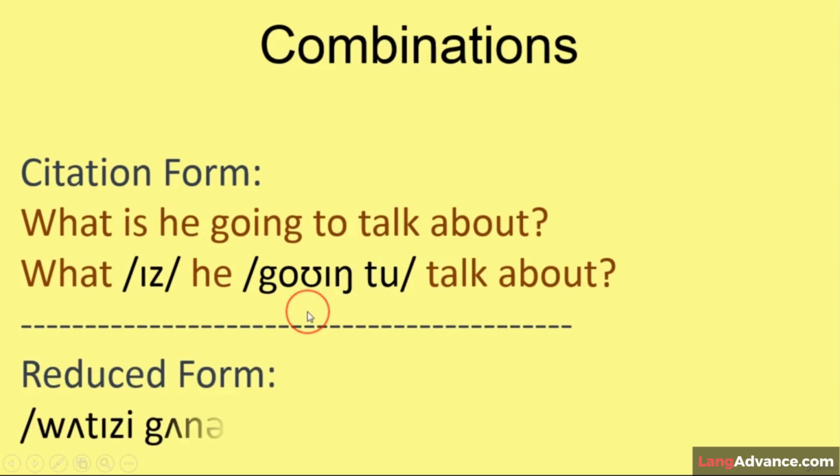And together, when we reduce these, we're also combining the word what, and so we say, what's he gonna talk about? What is he becomes what's he, and going to becomes gonna. What's he gonna talk about? Okay, repeat. What's he gonna talk about?